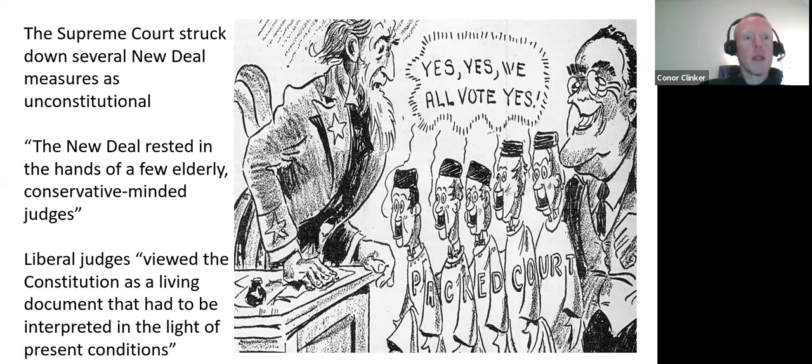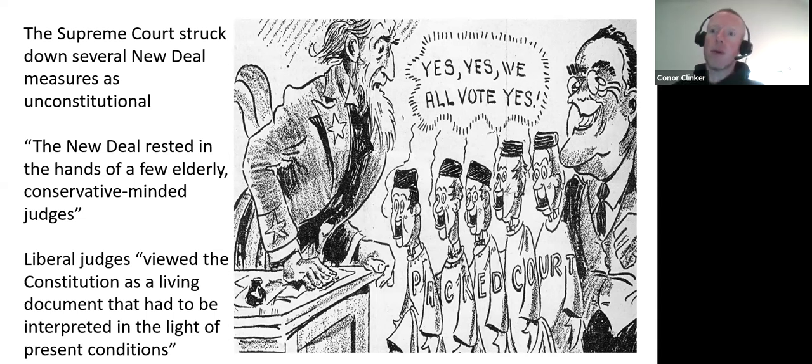No problem. Liberal judges viewed the Constitution as a living document that had to be interpreted in the light of present conditions. We talked about this before, so I don't want to repeat myself, but just to remind you, this is a constant back and forth in legal circles. Liberal judges will say, hey, the Constitution is a living document.